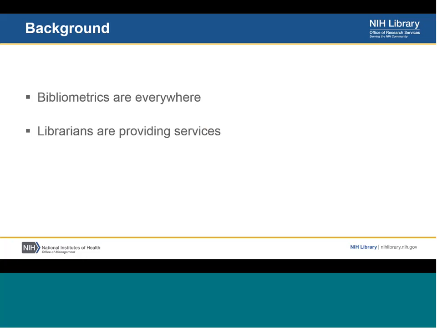We have to acknowledge that our colleagues in Europe particularly were at the forefront of this movement. They've been doing bibliometrics for a good 10, 15 years now, and so that's already an established part of librarianship in Europe. It's also becoming more and more prominent in Asia, Australia, New Zealand. A number of libraries there are also doing this work.